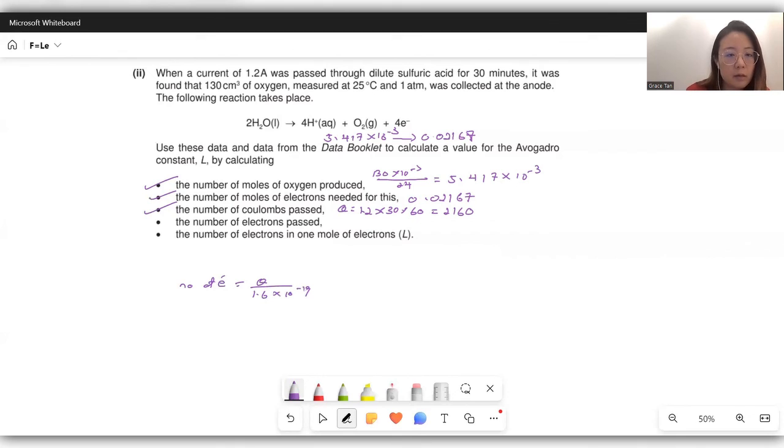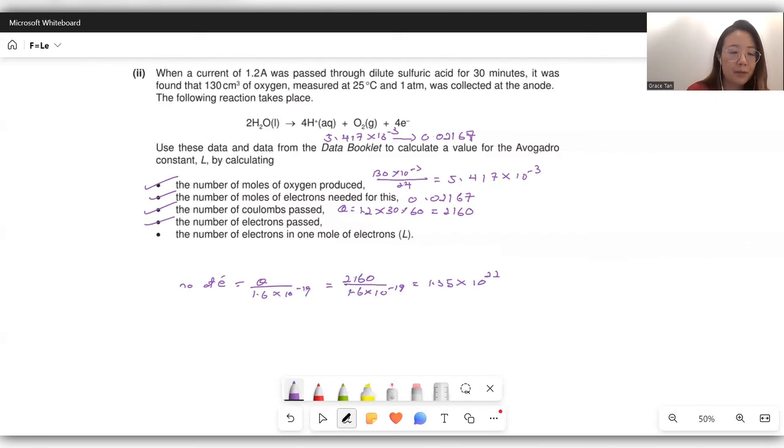Hence it will be 2160 divided by 1.6 times 10 to the power of -19, which is 1.35 times 10 to the power of 22. Okay, number 4 done.